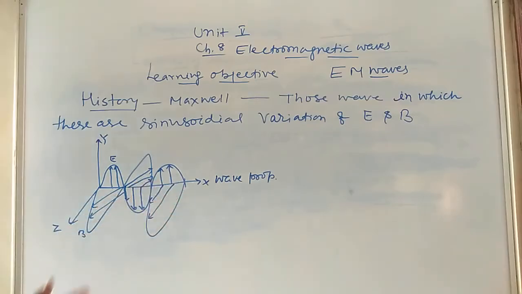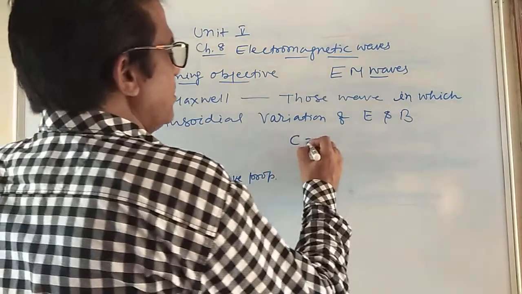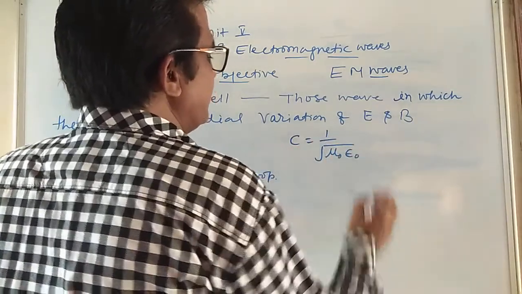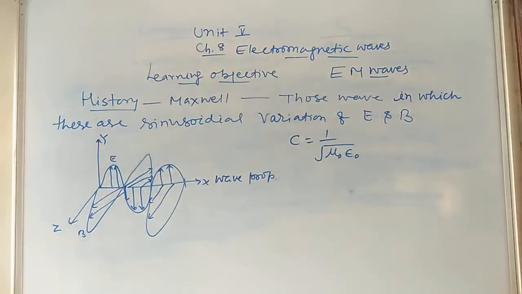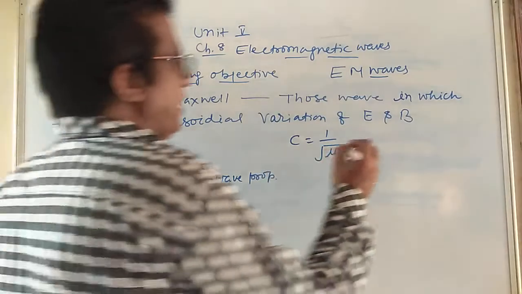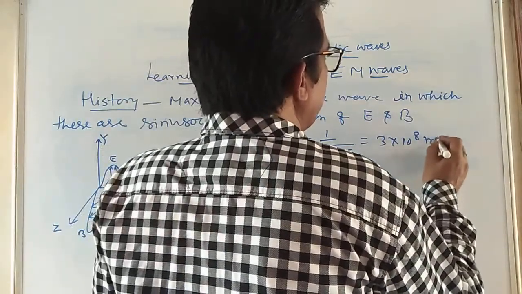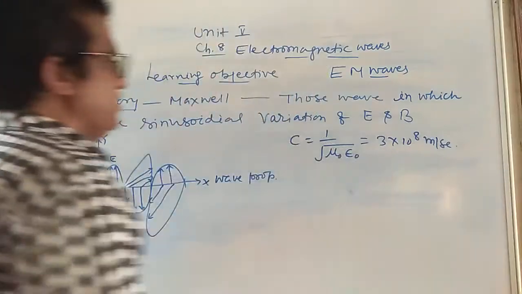The speed of electromagnetic wave, that is the formula we have to remember here. C is equal to 1 by under root of mu naught epsilon naught. C is the velocity of light. So the velocity of electromagnetic waves is represented by this.